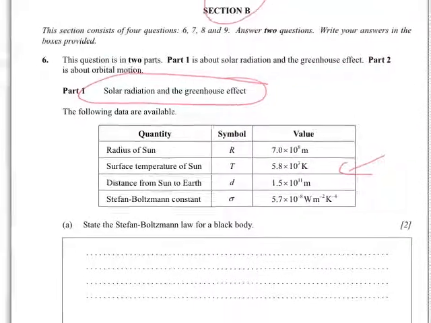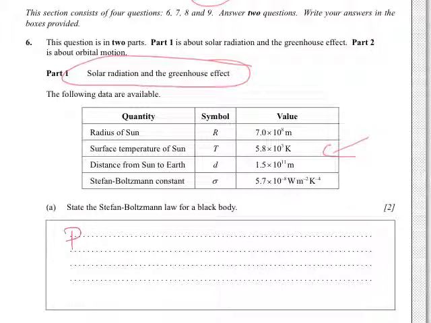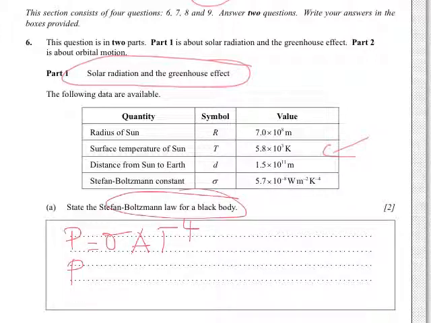So power, if we look at the relationship, power equals sigma, which is the Stefan-Boltzmann constant, times area, times T to the 4. So if that's a relationship, what is the law? Well, the law is that power is proportional to area and also proportional to absolute temperature in Kelvin to the power of 4.